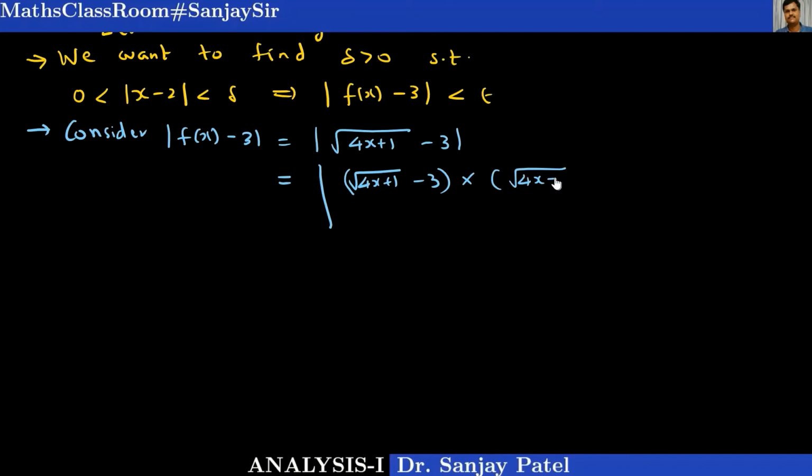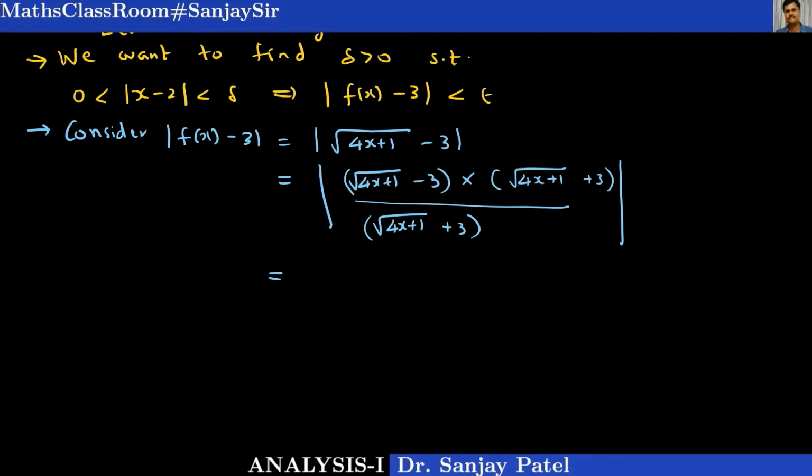So square root of 4x plus 1 plus 3, and it is not there, so I must divide also by square root of 4x plus 1 plus 3. The advantage is we can get rid of this square root in the numerator and we'll get some useful expression. This is a minus b, this is a plus b.